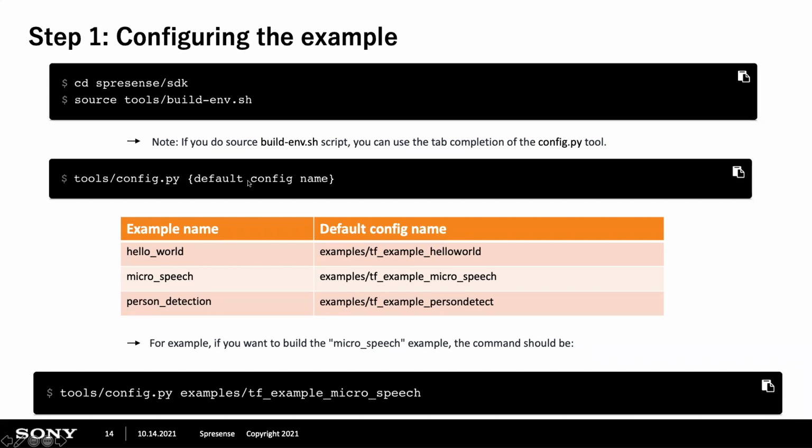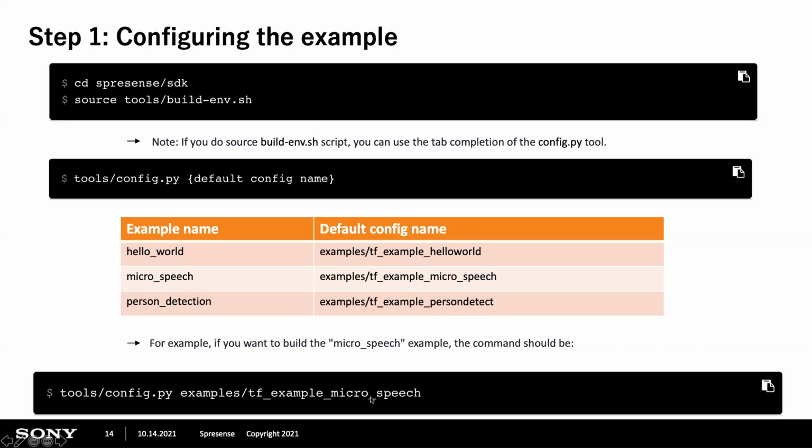You have to pass this parameter here, the default config name, and I provided a table here which tells you how you can access each of these. So if you want to do hello world, then you need to provide this default config name here in the command.